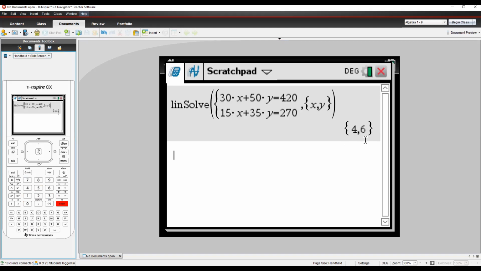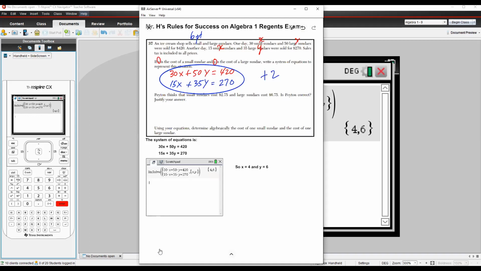So it's telling us that the X value, or the price for a small sundae, is going to be $4, and the price for the large sundae is $6. So we can go back and we can enter that. So we can say the price is $4 for small and $6 for large.